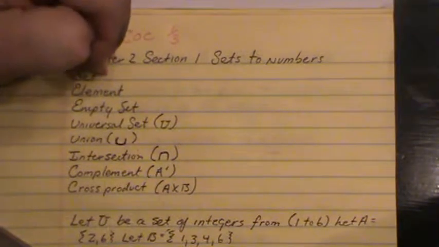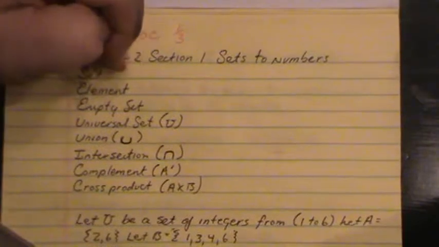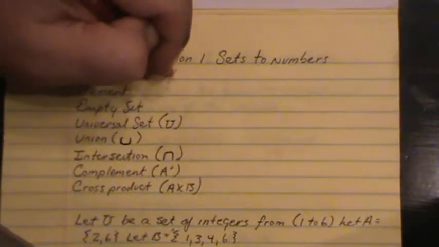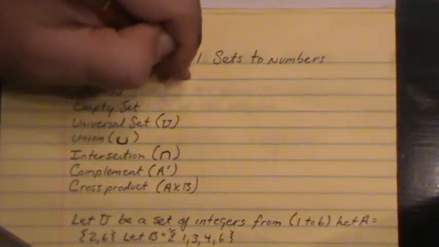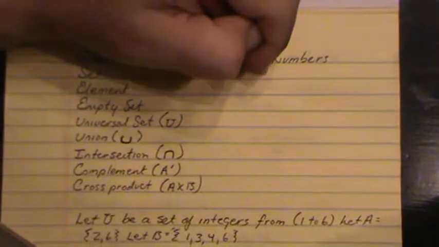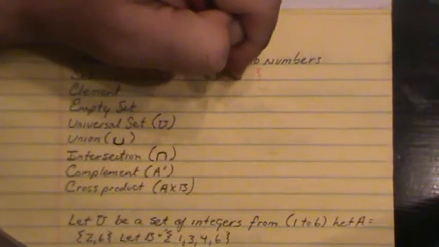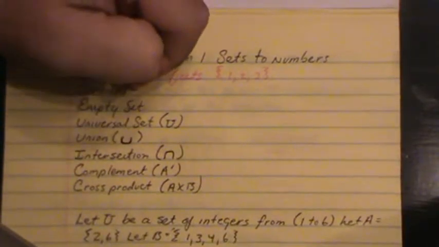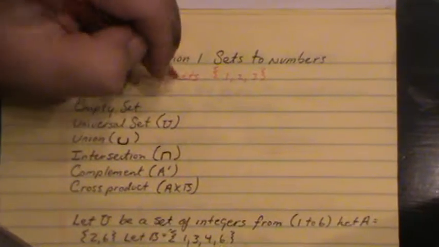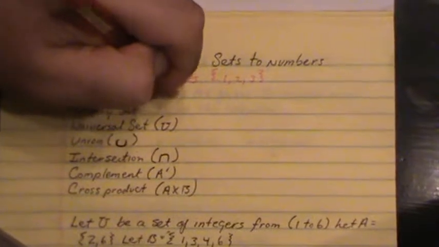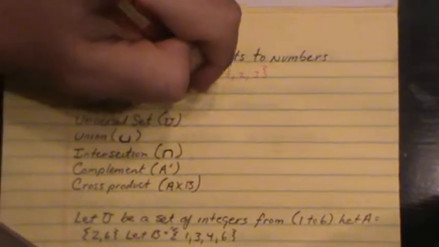So let's look. A set. What is a set? Well, it's a group of objects. Okay, what I mean by that, a set would be written like this, and the group of objects would be such as this. An element is one thing in the set.